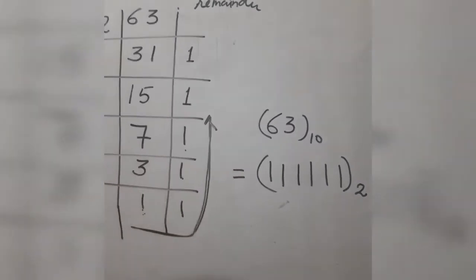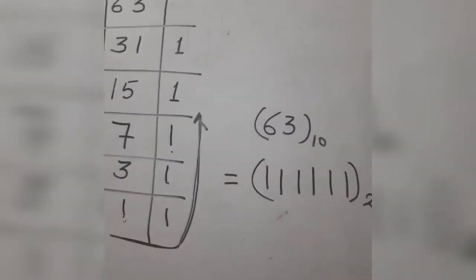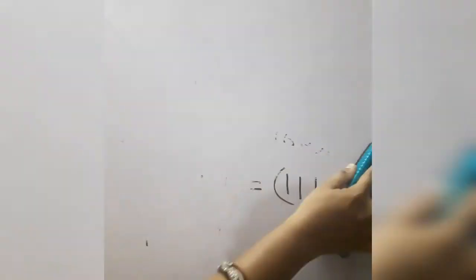Now see how you will convert any binary number to decimal. Suppose any binary number is given to you and you want to change it into a decimal number. Suppose the binary number is 11001.